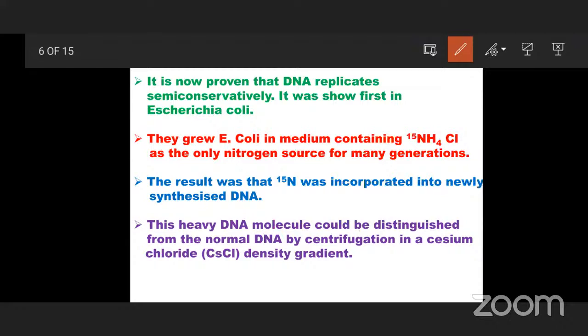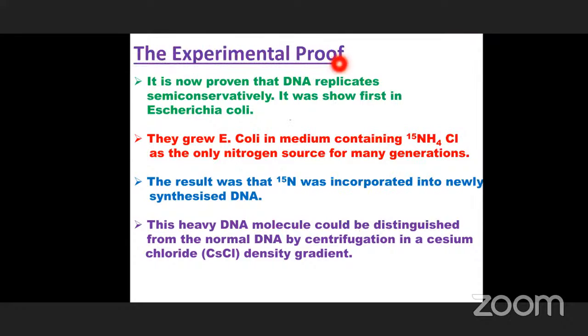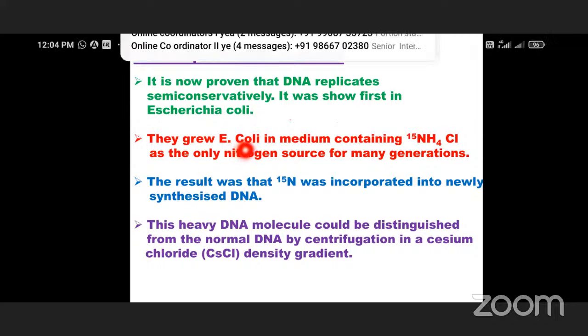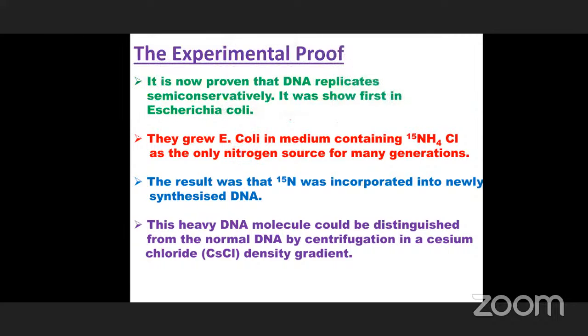So in this experiment, these two scientists selected the E. coli bacteria. E. coli means Escherichia coli. In most experiments, scientists use E. coli because its cell structure is very simple, and every 20 minutes it undergoes binary fission and increases its progeny within a short period.